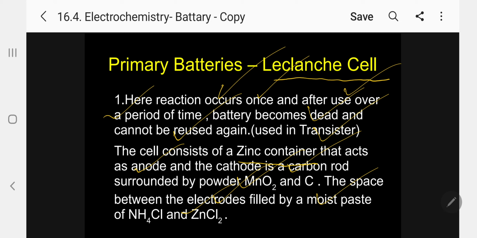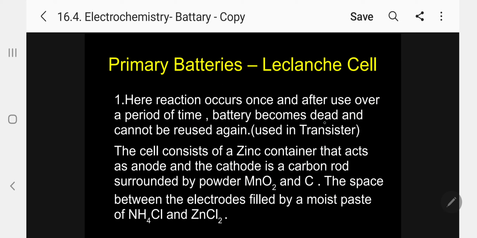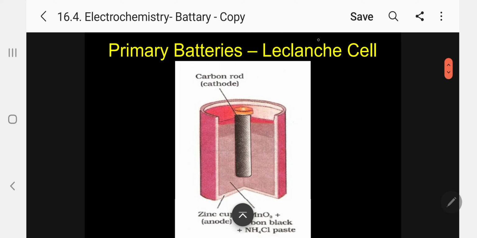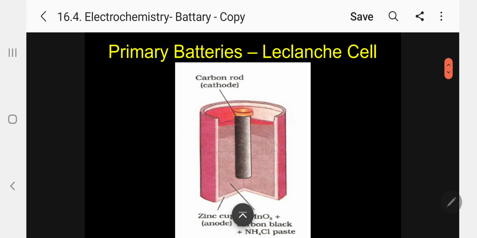Please follow. This is the Leclanche cell. Now what you are seeing is the diagram. Kindly follow. It is very difficult to draw. Anyhow, you understand. This is the carbon rod. This is the corresponding anode, the zinc anode. In between, it is filled with MnO2 plus carbon black, and ammonium chloride paste is placed.